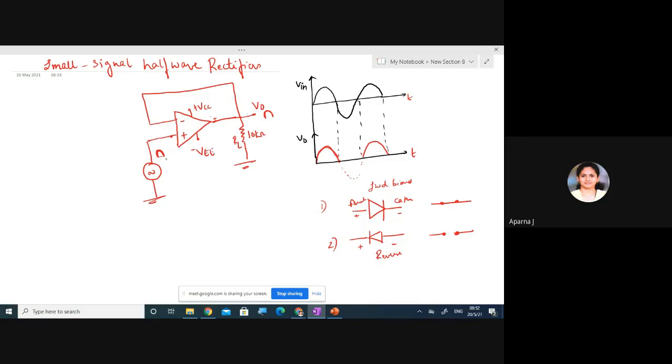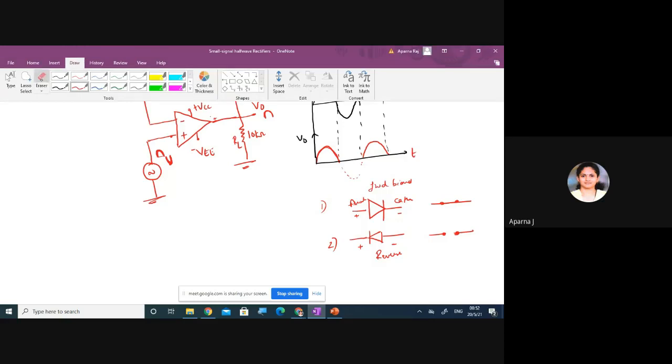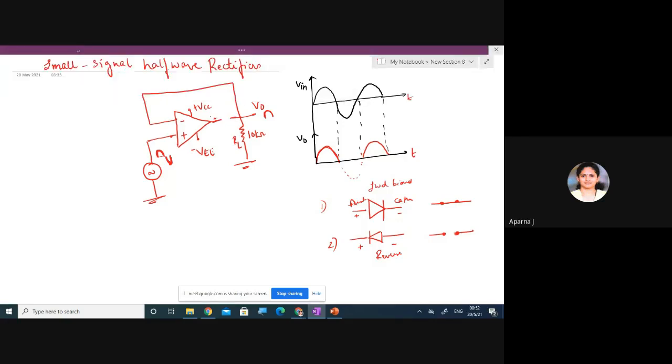Now let us check when the input is negative going. When I apply a negative going input, in that case, when we have this diode, since it is a negative value here, this terminal voltage is less when compared to this, so the output will be a negative voltage, means it is going to saturation, plus Vsat and minus Vsat, hope you know. Initially it acts as a comparator because there is no connection between output and this feedback.